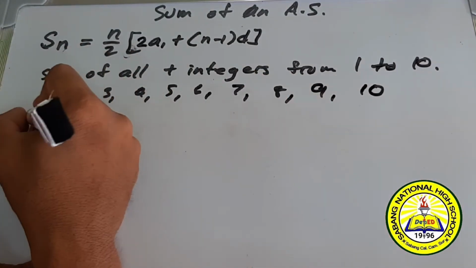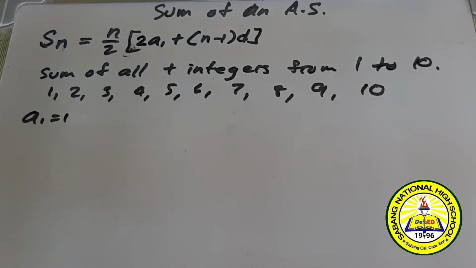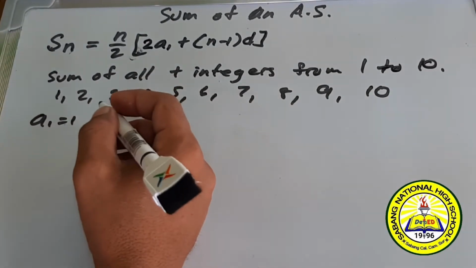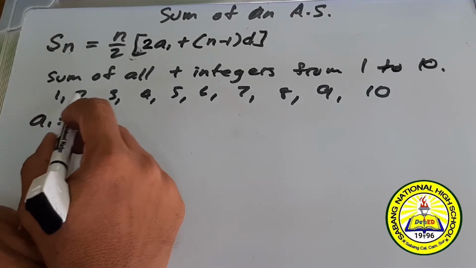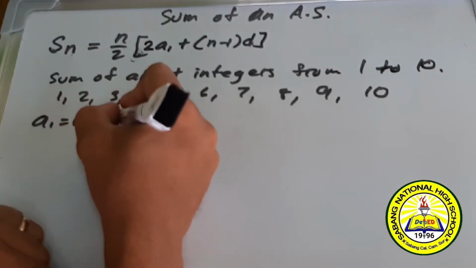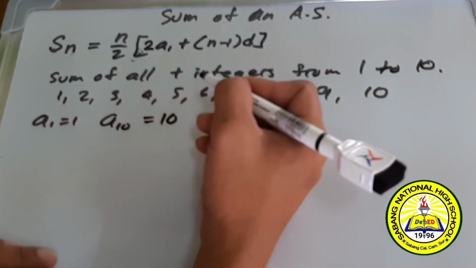So our a sub 1 is equal to 1, and our a sub 10, the 10th term, has a value of 10.